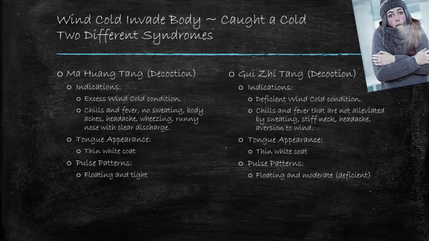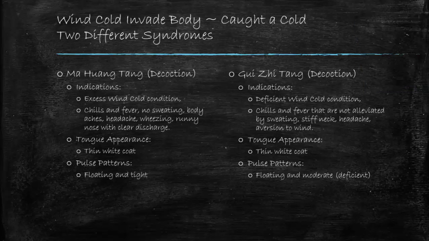Here I want to use wind cold as the pathogenic factor to demonstrate the relationship between pathogenic factor, body constitution, the syndrome and disease, and from there, in terms of diagnosis of the syndrome, the treatment principle and method that you will derive to address the condition of the patient.